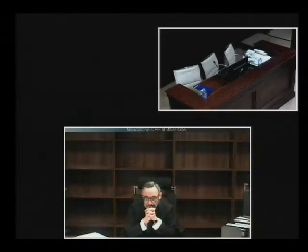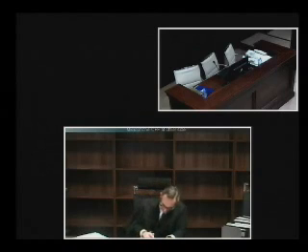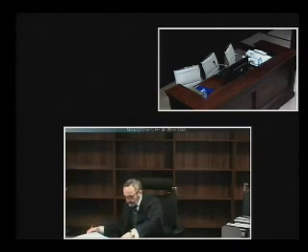I'm grateful, my Lord. Now, before dealing with the applications, if I could just explain to my Lord where we are in terms of the quantum evidence and what the heads of loss are, and if I could invite my Lord to take up paragraph 22 of my skeleton argument, which has a table on it.